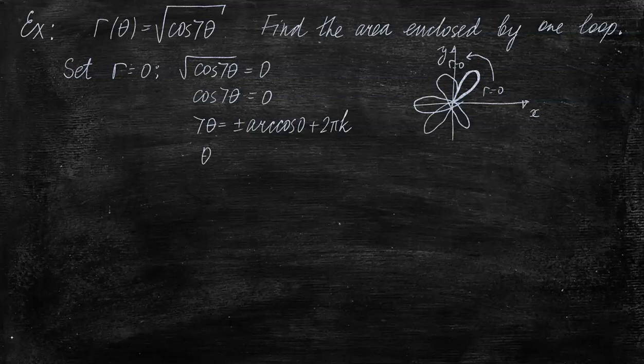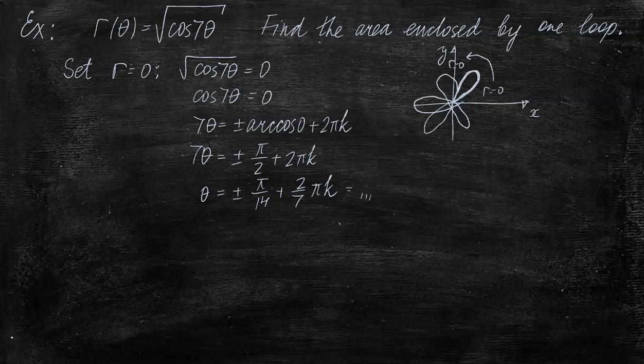And arc cosine of 0 is pi over 2, since cosine of pi over 2 is 0. So we have plus minus pi over 2. And if we divide both sides by 7, then we get pi over 14 plus 2/7 pi k.